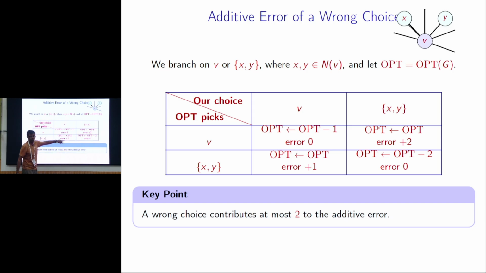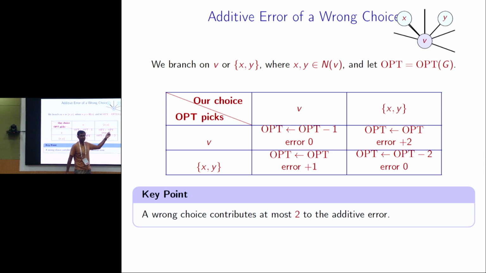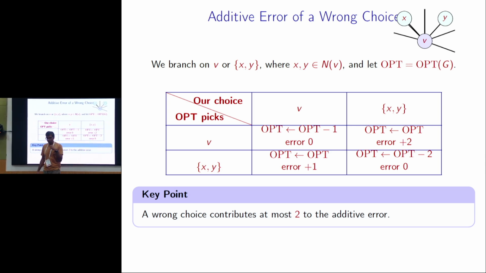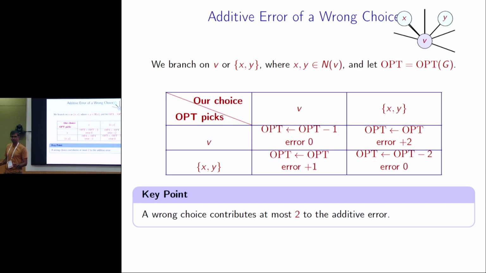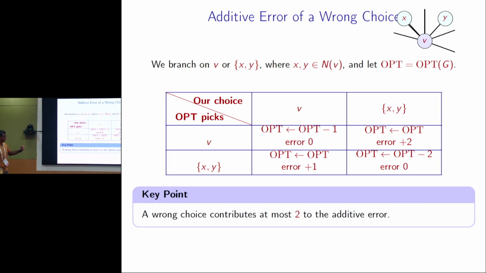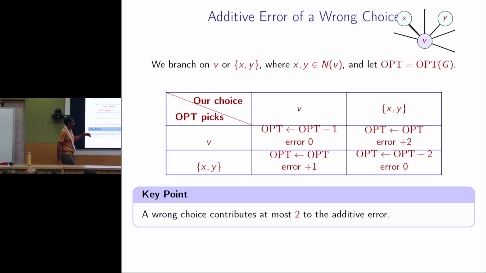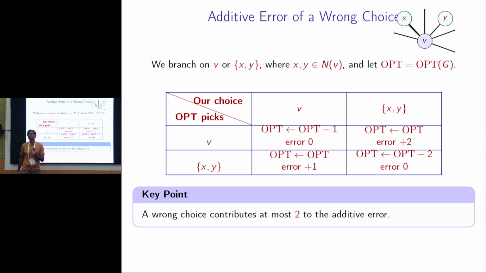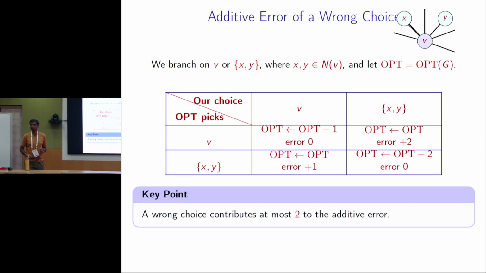And similarly you can do here. But if we would have branched on that degree, my error term would have been that much and then we would not have been able to control it. So now with this slightly modified algorithm, we are able to capture that a wrong choice only contributes at most 2 to the additive error. Okay, any question?